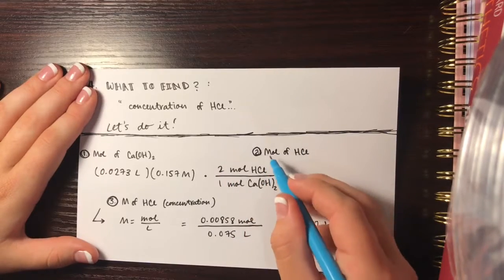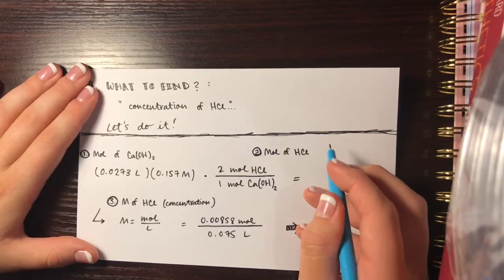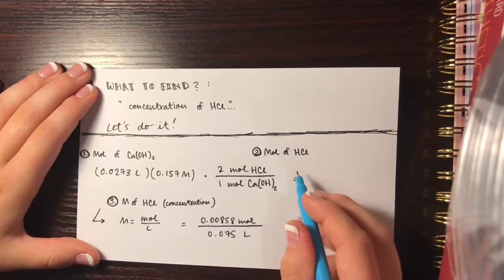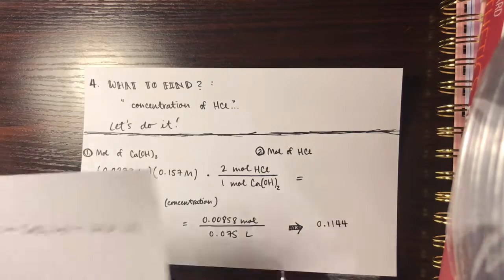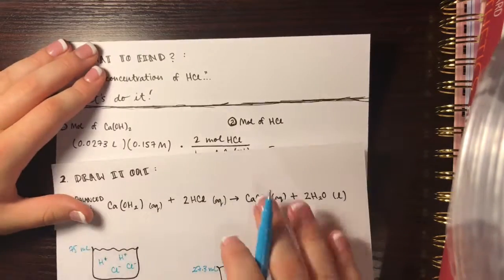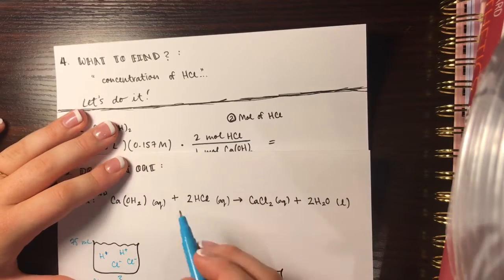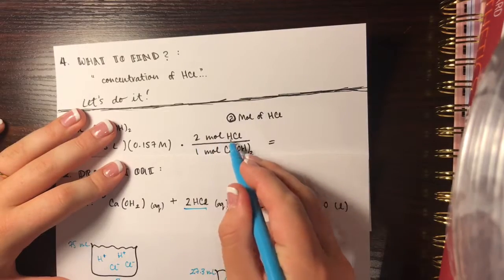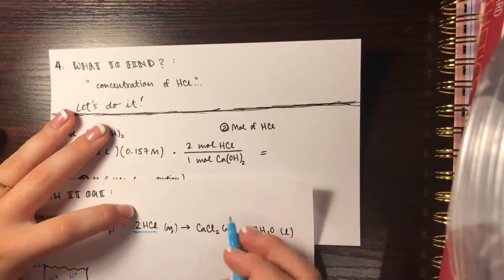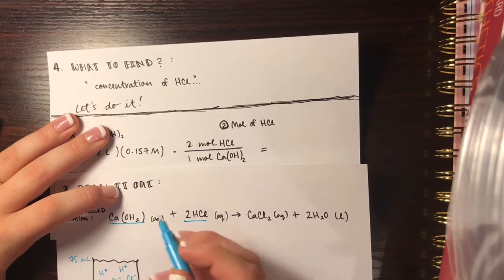Okay, so for our number two step, we're trying to find the moles of hydrogen chloride. To do this, we need to know the molecular ratio of our formula that we originally wrote down. So what we're writing here is directly coming from this formula. So 2 moles HCl over 1 mole calcium hydroxide.